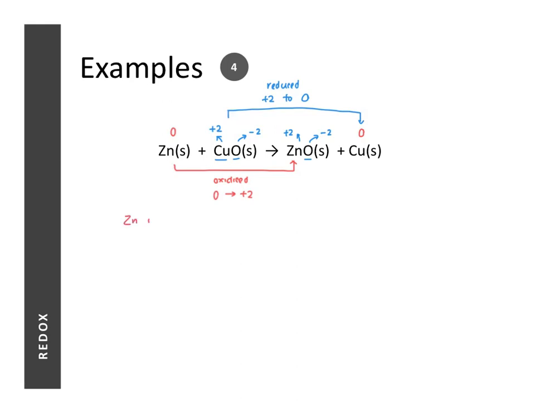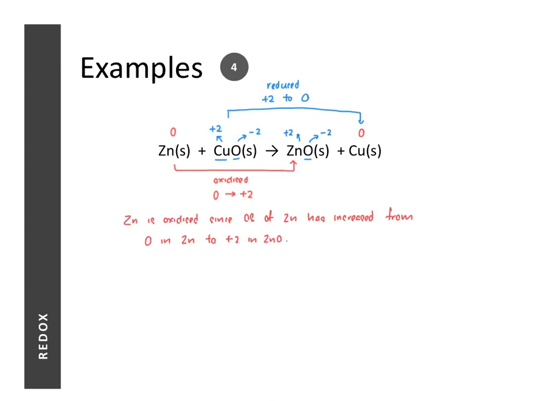So zinc is oxidized, and we need to explain how we know, since the oxidation state of, you need to state the atom that has been oxidized. So the atom is zinc, has increased from 0 in which substance, which is zinc, to +2 in which substance, which is zinc oxide.